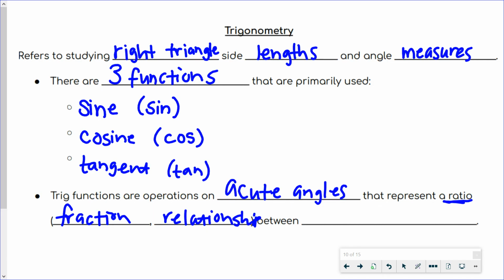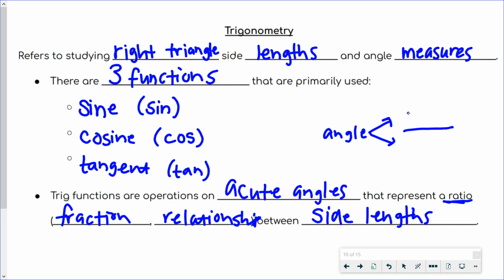Okay, so what it's doing is it's saying if I take the sine of an angle, or do this thing to an angle, it's going to give me a fraction that shows the relationship between side lengths. So everything is about relating an angle to, in my fraction, a side and a side.